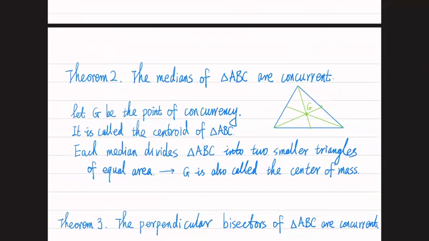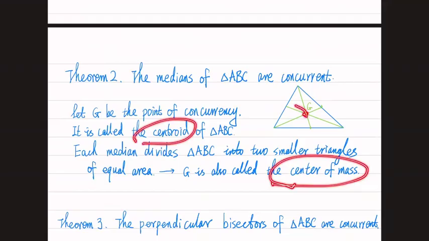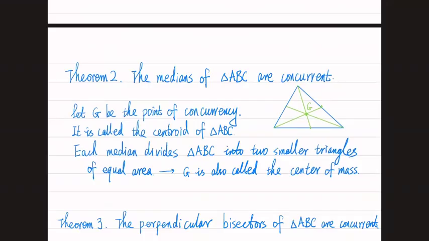This centroid, center of mass, could this point be outside of the triangle? Curious, is no. Why? Because it's like the medians, so the medians have to intersect inside the triangle.